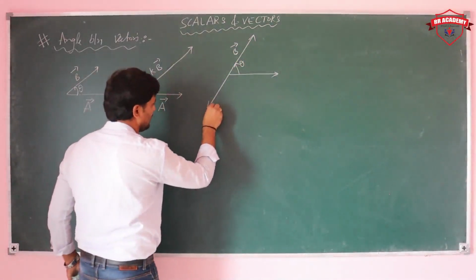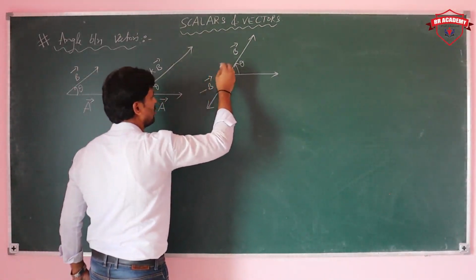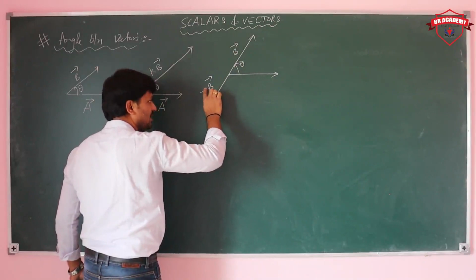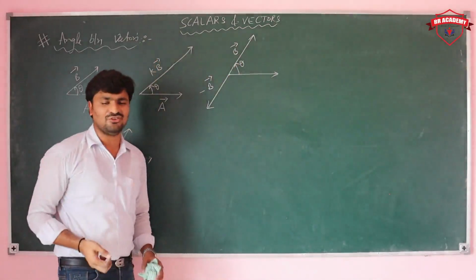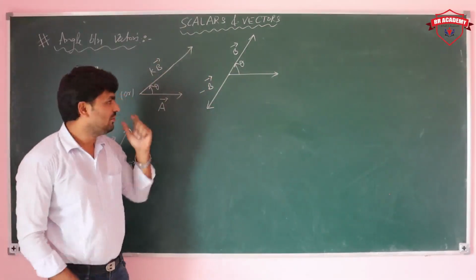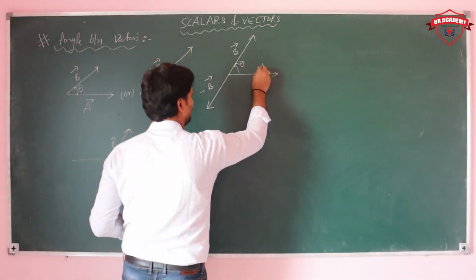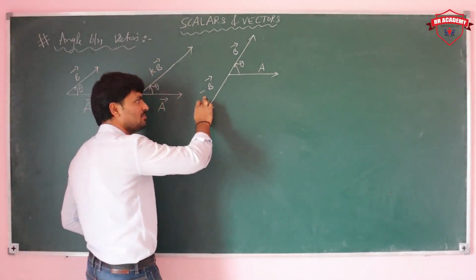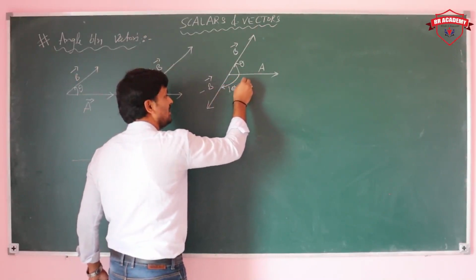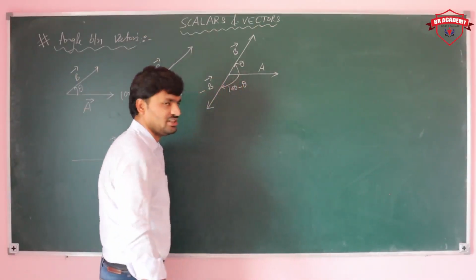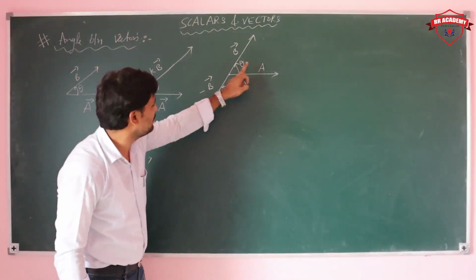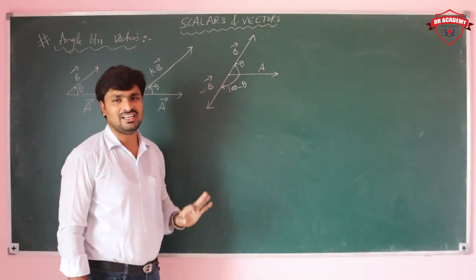So actually this will go to minus B because it is opposite to B. Means this minus B is the negative vector of B. Now it is A, it is A only, and it is minus B. Then what is the angle between them? This angle will be 180 minus theta. Here angle between A and B is theta. Angle between A and minus B is 180 minus theta.